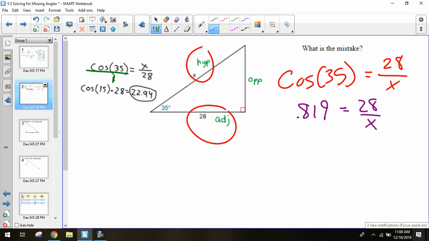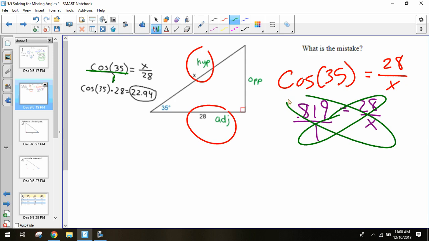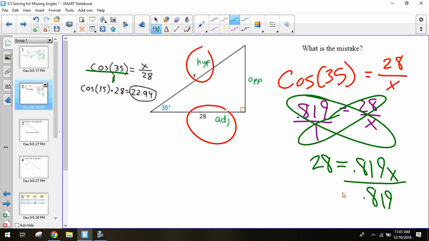Over 1. Okay, what does that give us? 28 equals 0.819x, and you have to divide. And then that gives you x equals 34.198.